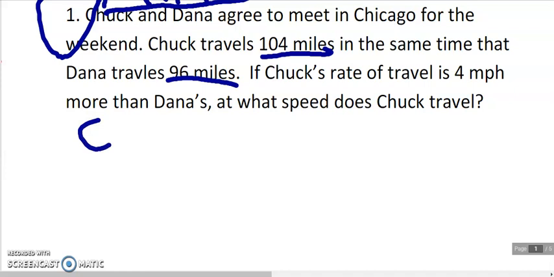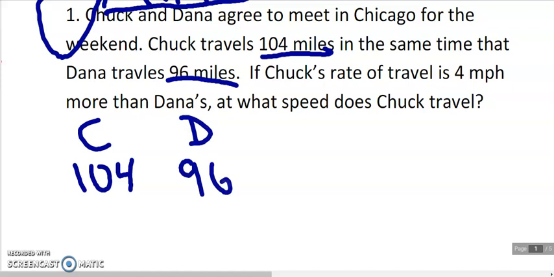Chuck is able to travel 104 miles. For Dana, only 96. We notice that Chuck's rate of travel is 4 miles per hour more than Dana's, and we're solving for Chuck's speed.